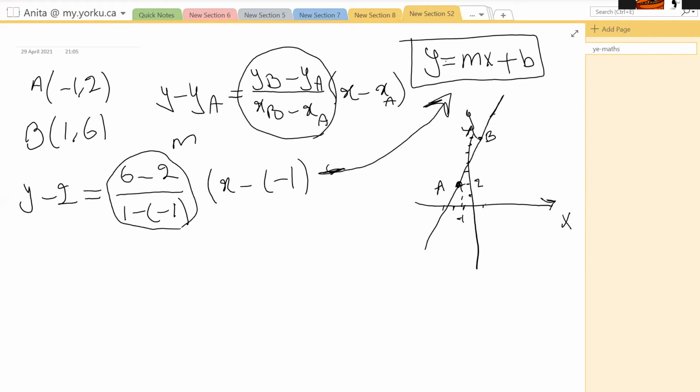Y is isolated on the left, so you just have y. Therefore, whatever you have, like minus 2, you need to push it over. But first, tell me what is m? What is the value of m?